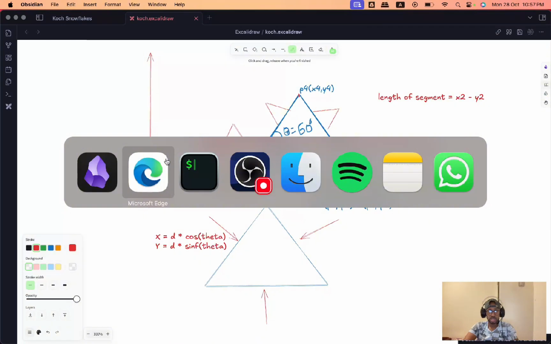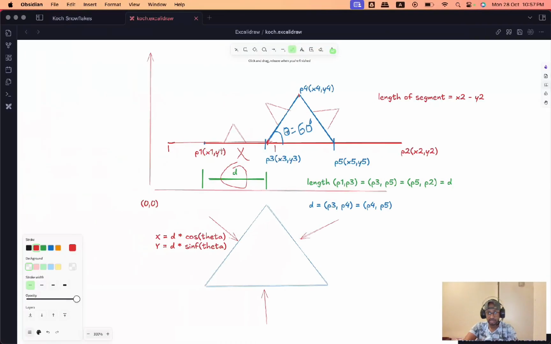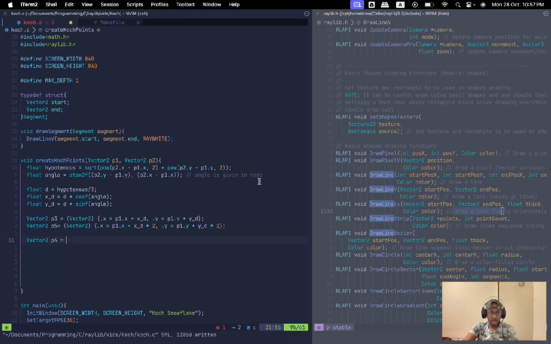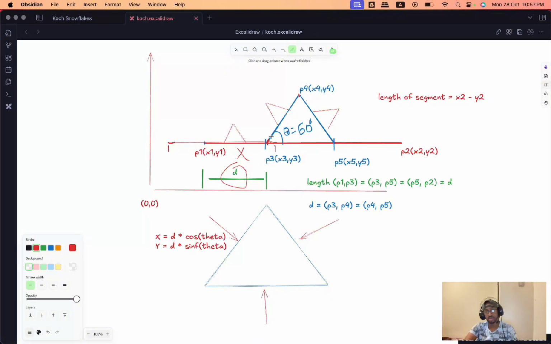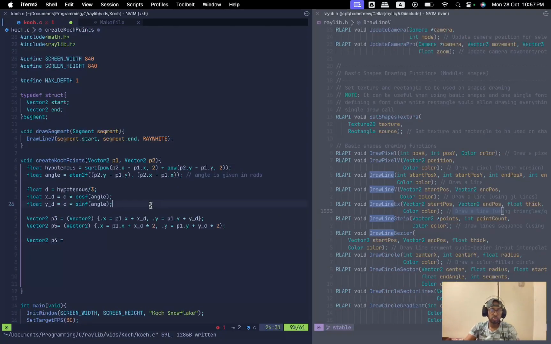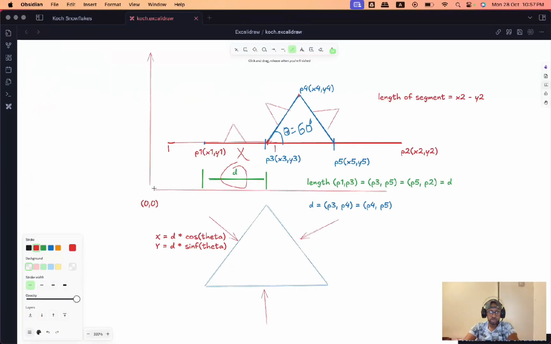So in our case, we need to rotate this D vector and add the rotated vector to the point P3. When we rotate a vector, we rotate it with respect to the origin, measuring the angle of a segment based on the origin.